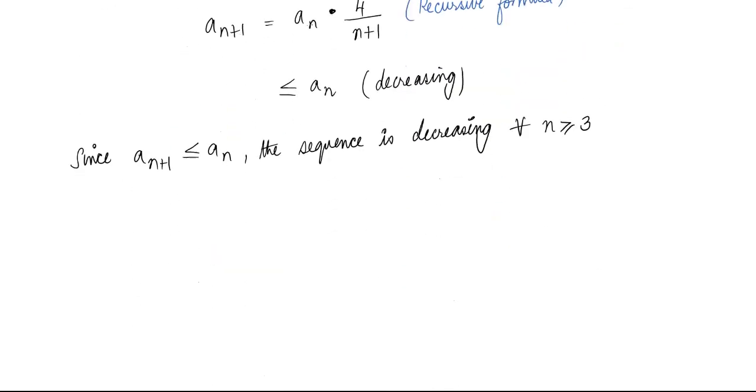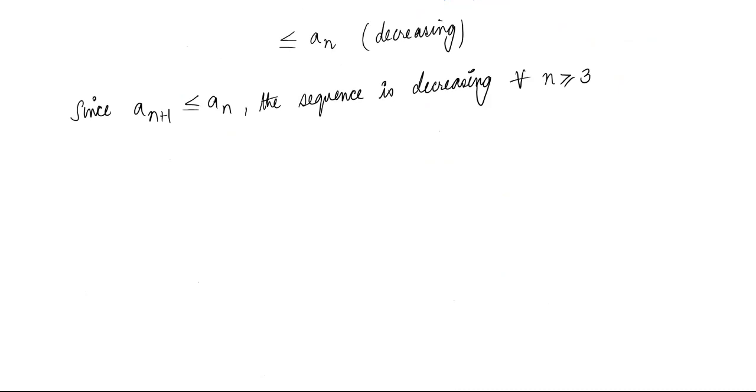Let me write that down here. So we found the sequence to be decreasing, so that's monotone. And if I can establish boundedness, then I could use the monotone with the boundedness to imply convergence.